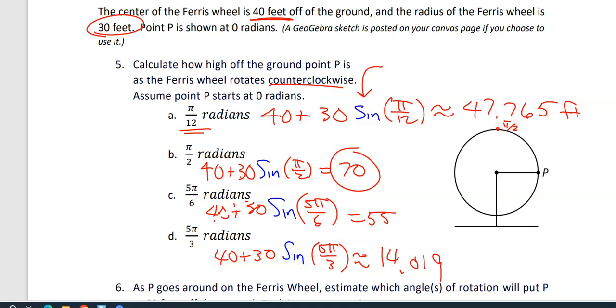This answer here is somewhere about 47, but as I get past the peak, to 5 pi over 6 and 5 pi over 3, we're now coming back down, which means we're getting closer and closer to the 40 feet. That's why the answer is decreasing as we continue around it.